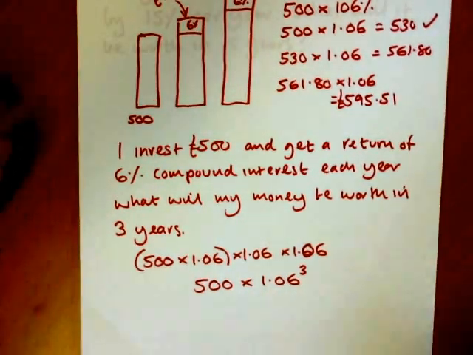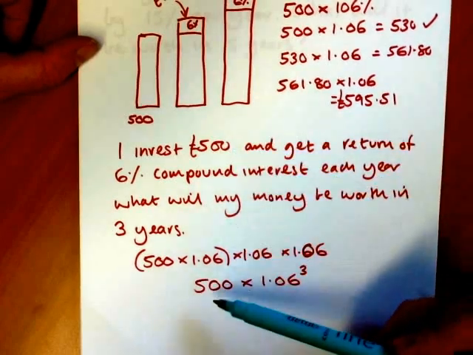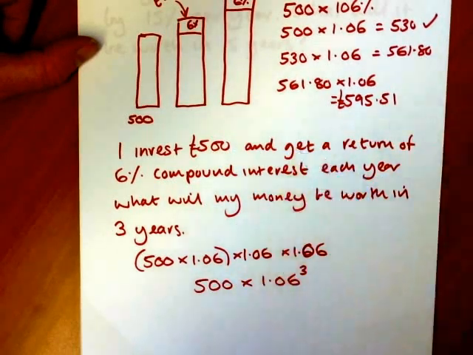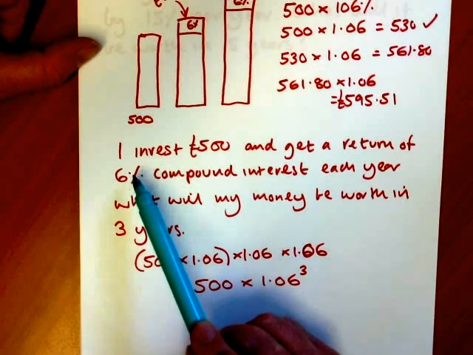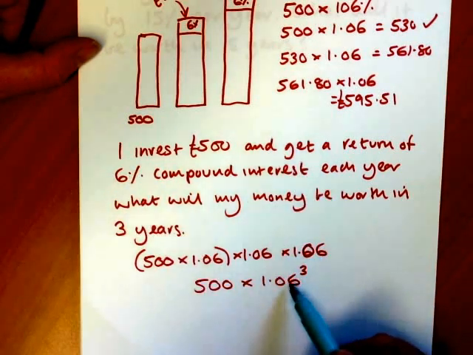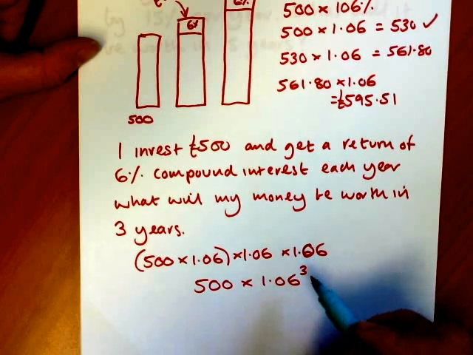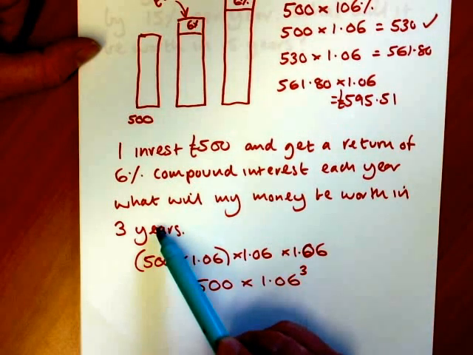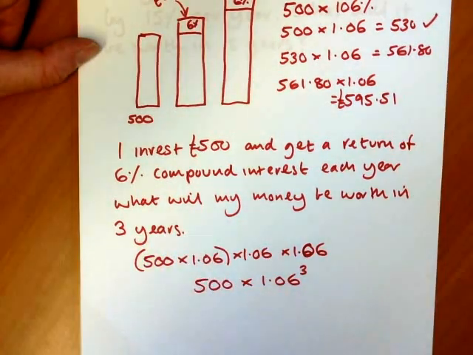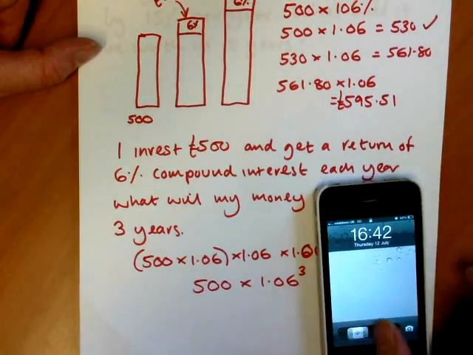So if you look, there's 3 numbers we take into account. The amount we start with, 500. The interest that we're adding on, 6%, but if we're adding it on, 106% as a decimal equivalent is 1.06. And then we raise it to a power, and that power is the same number as the years that the money's been invested for. So if I show you on a calculator, we can do that in one go.